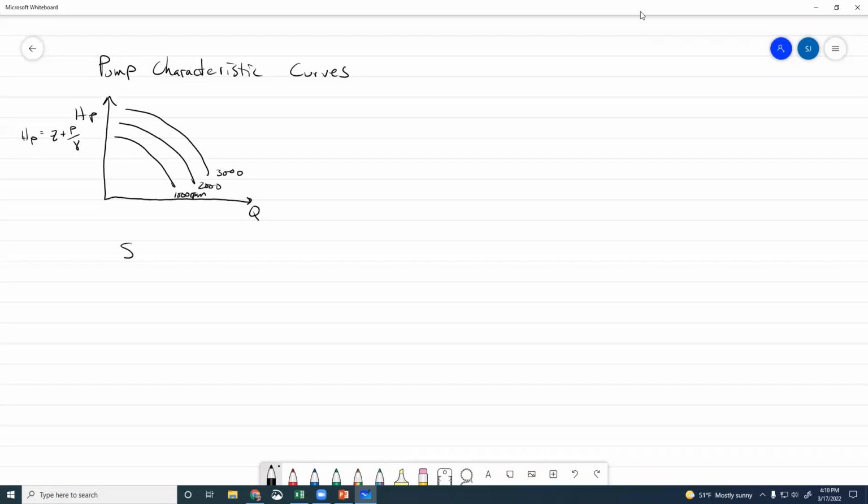And then we also have our system curve. And that is based on the pipe system. So maybe you have a water tower and a pump supplies that water tower from a reservoir.